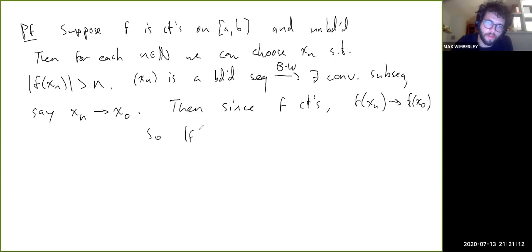So the absolute value of f of xn approaches the absolute value of f of x naught, which is a contradiction, right? Because we actually constructed the sequence xn such that the absolute value of f of xn clearly approaches infinity.